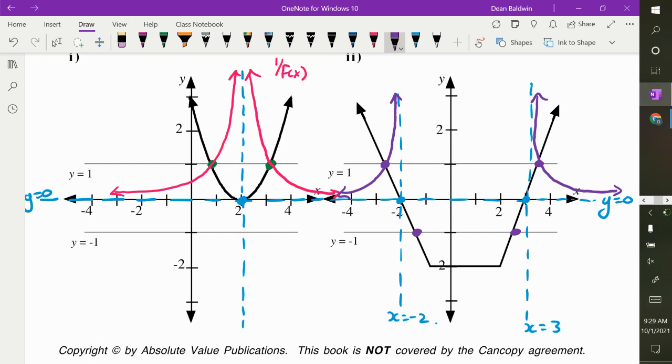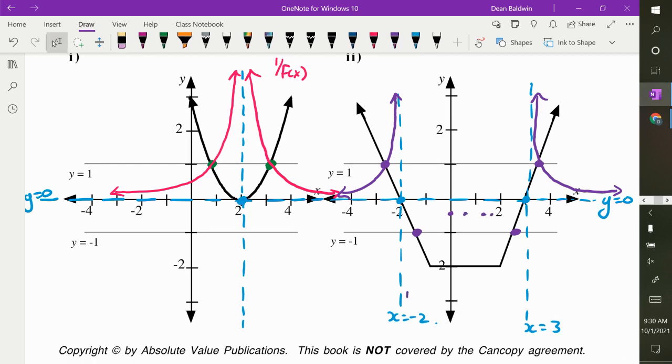Okay, the middle bit. Can't touch either asymptote, can't touch the horizontal asymptote, has to go through those 2 points. These are at 2. If you take the reciprocal of it, where does it go to? Or -2, I guess. -1/2. So they move to like there.